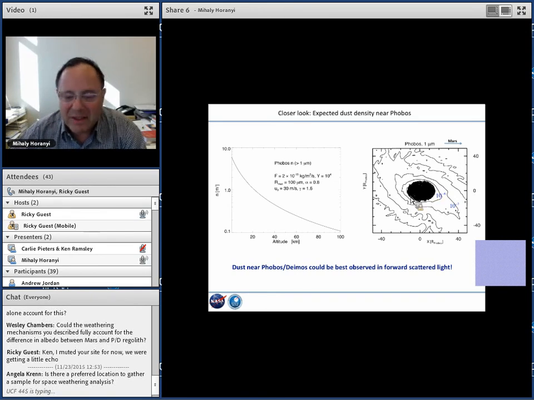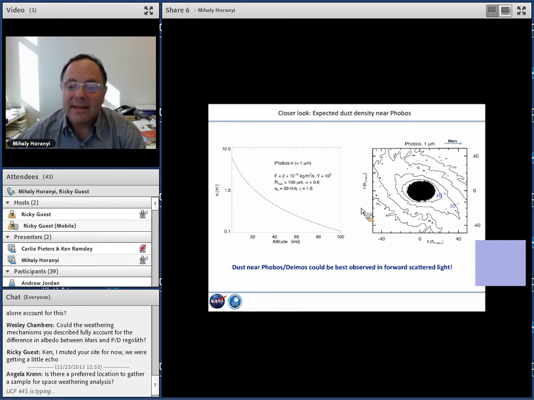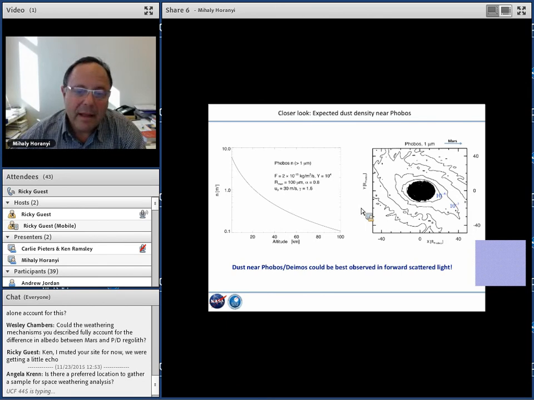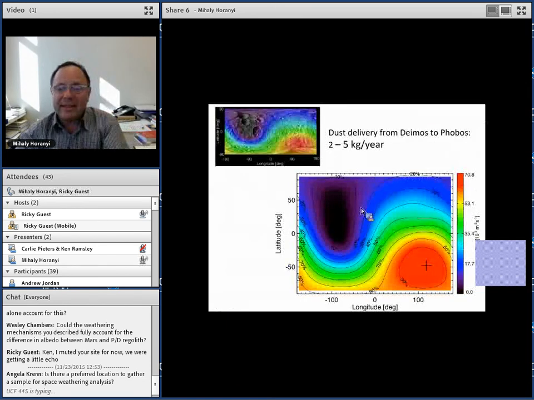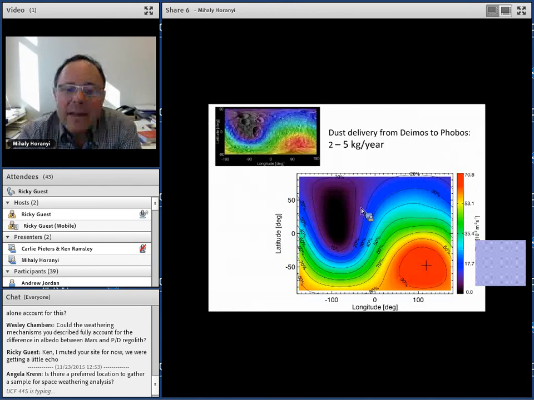Should you have a spacecraft that could go into eclipse and look back towards the sun, you might find the cloud.